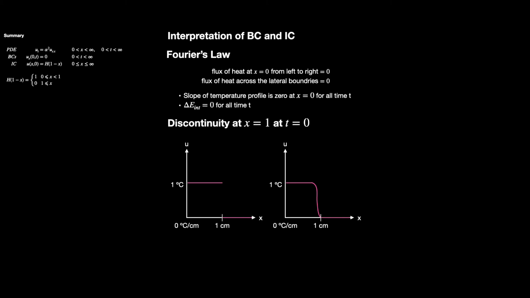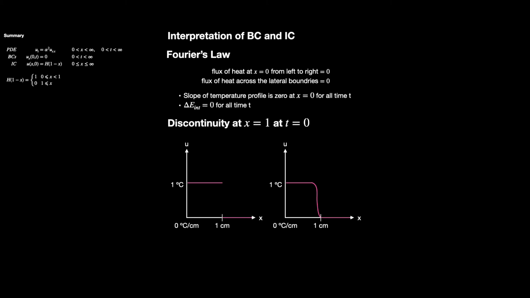So number one, the slope of the temperature profile is going to be 0 at x equals 0 for all time t. Next, the change in energy is going to be 0 for all time t. No heat is going to leave the system.